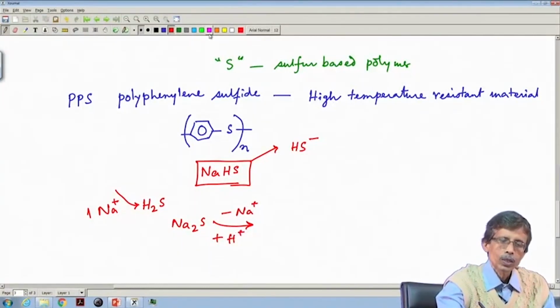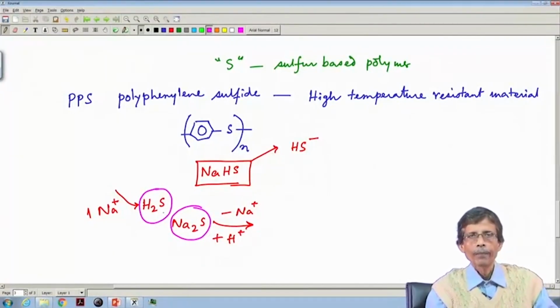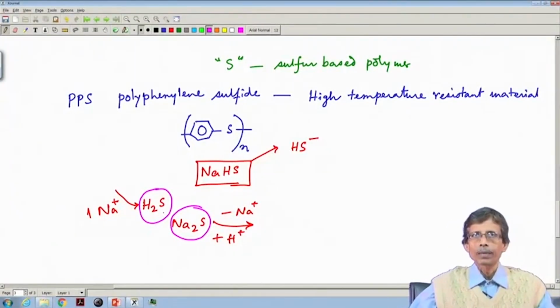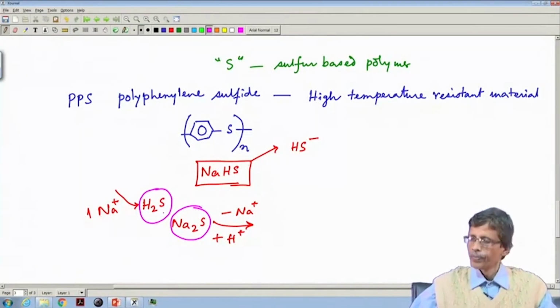These two things we will see: you can have plenty of hydrogen sulfide in your hand and plenty of sodium sulfide in your hand. How these two can be separately tackled to make your sodium hydrogen sulfide, we will see in our next class. Okay. Thank you very much.